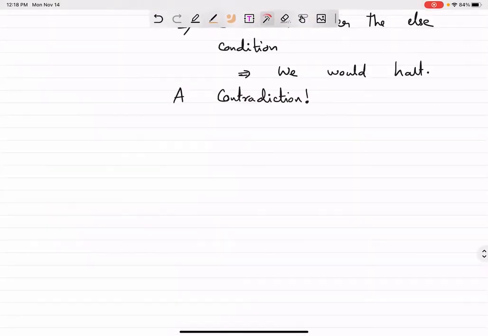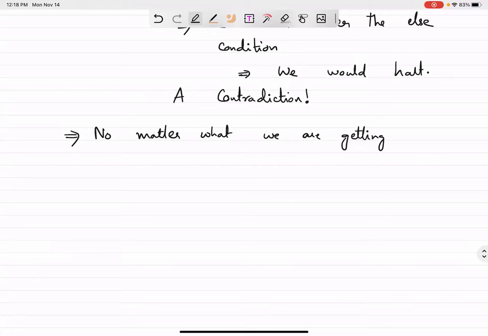All right. So this implies that no matter what, we are getting a contradiction. Implies halt must be uncomputable.